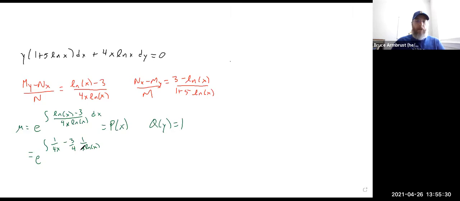It'll get you whatever your integrals are. And then we can take e to those powers and all that. Like this part's gonna be nice because that's just gonna give you an x to the 4th. You're gonna get 1/4 natural log of x, bring the 1/4 in, the natural log and the e cancel. The other part, I don't know what that's gonna give us off the top of my head. But anyway, from here, it's just a couple more steps and you should be good.